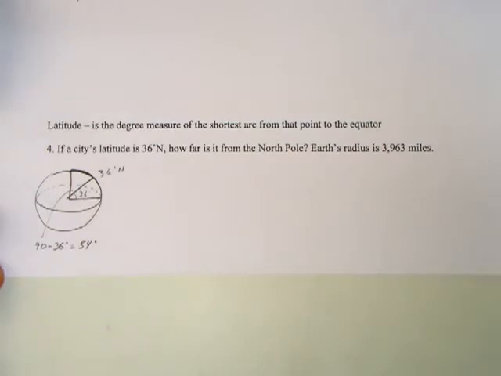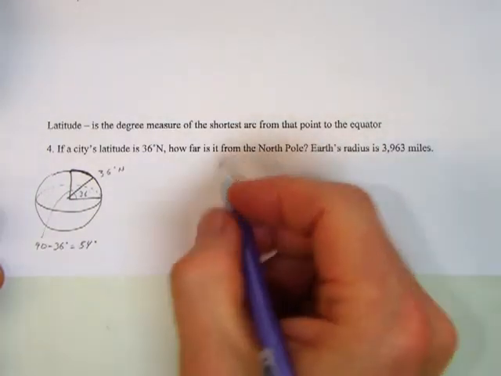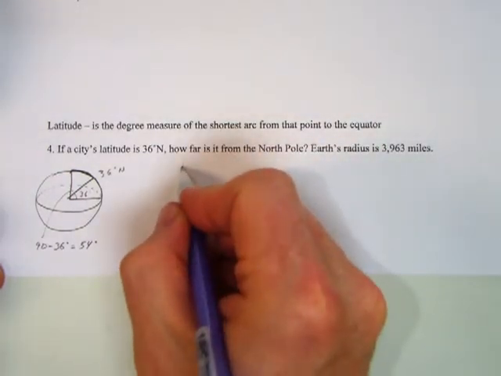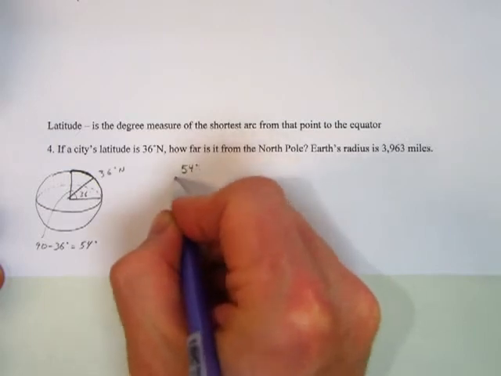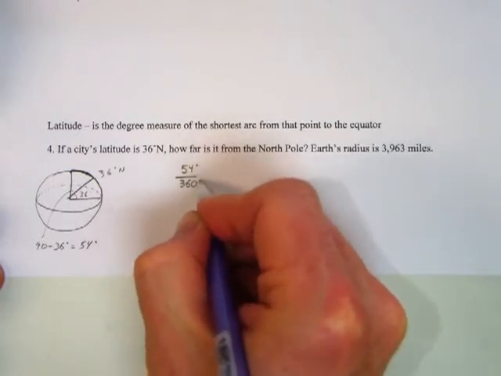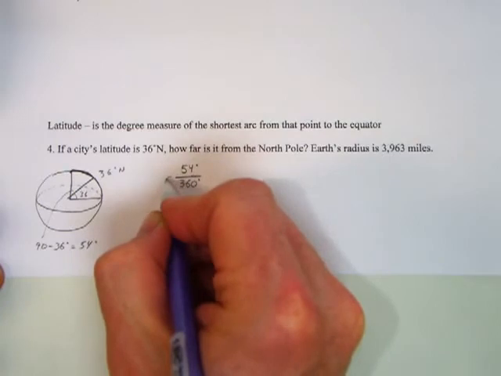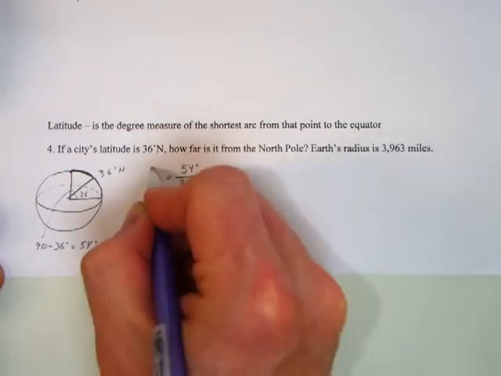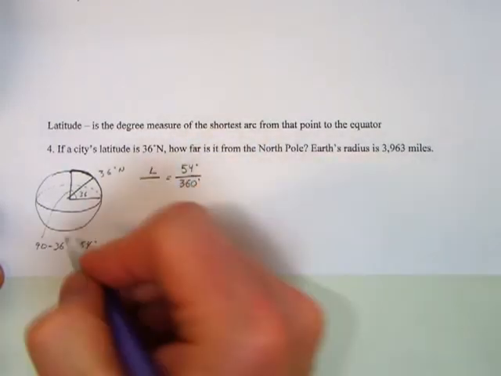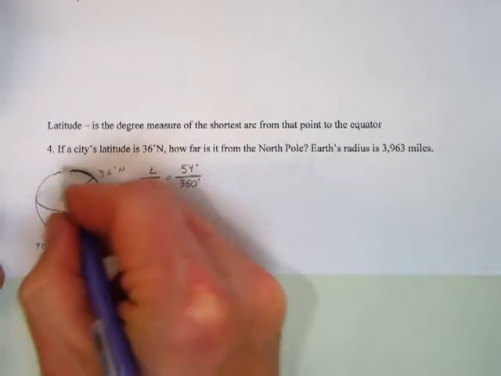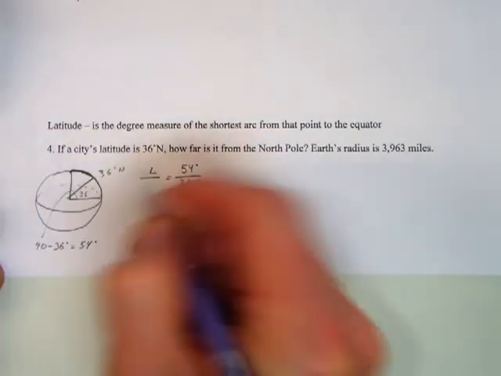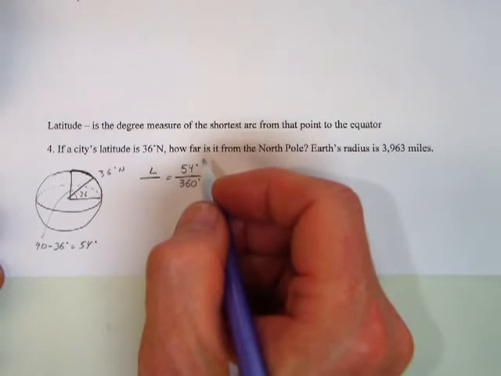Recall we've already done problems of length. So we would say 54 degrees is to 360 degrees as the length, let's just call it L, is to the entire length of this circle. And what would that be?